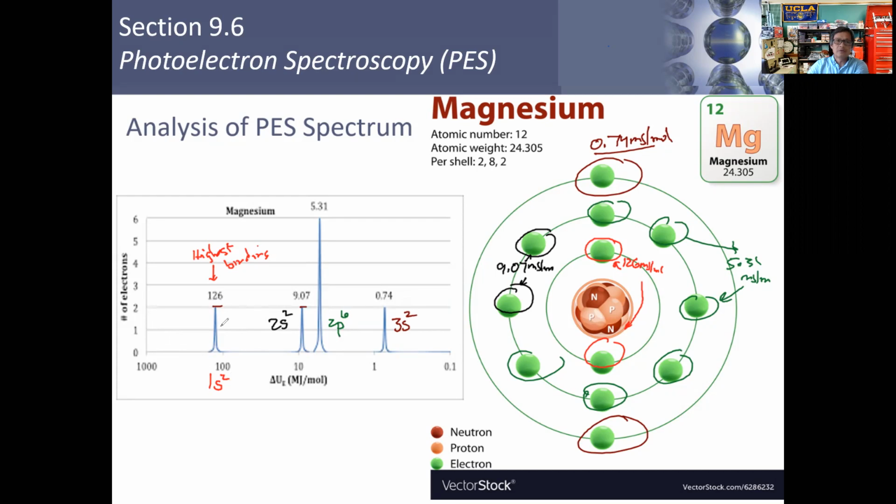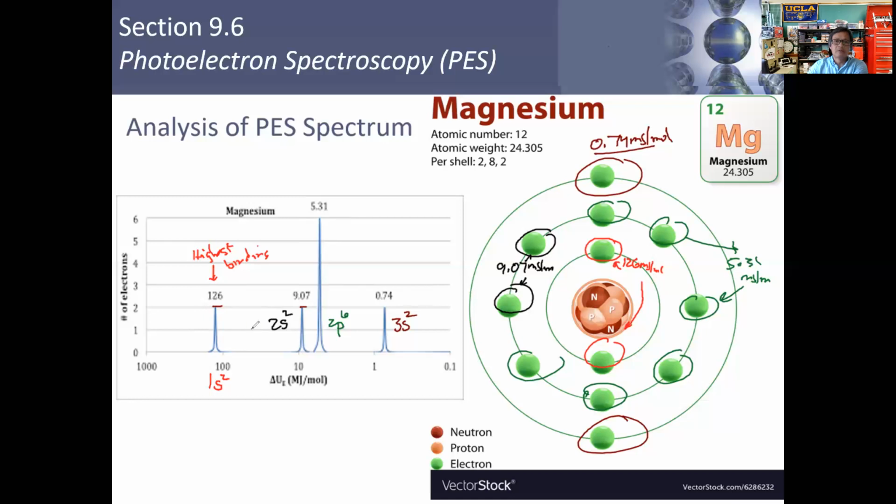So we have a peak sitting way over here at a little bit above 126 megajoules. We have another peak at about 9.0 megajoules, and then we've got peaks at 5 and at 0.7.